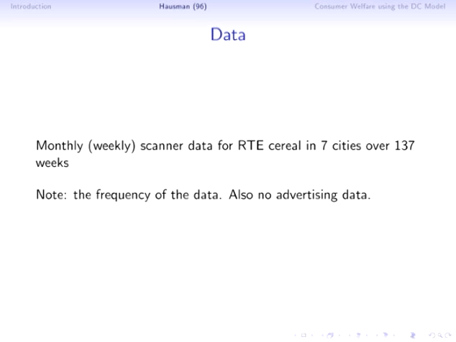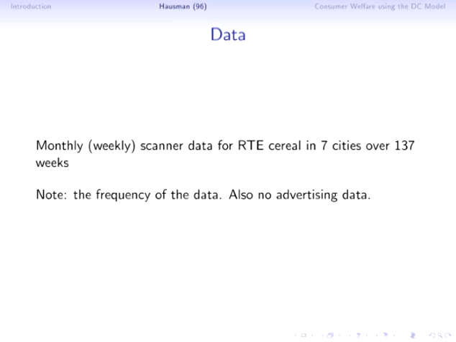The data he's going to use is similar to what we saw last time. It's scanner data for ready-to-eat cereal, for 7 cities over 137 weeks. A lot of what he actually uses is monthly rather than weekly analysis, but that's the data he has. So it's a very similar data structure to my paper that we talked about yesterday.